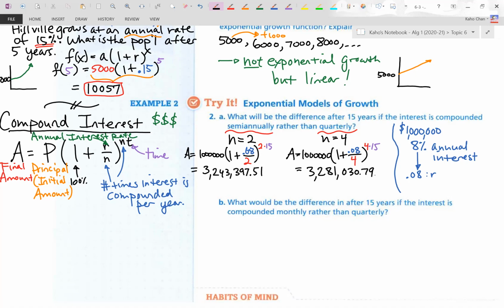All right. Second question, B: what would be the difference after 15 years if the interest rate is compounded monthly rather than quarterly? Okay, so they're just asking for one more calculation. We're going to change n equals 4 now to n equals 12. Is it going to be a lot more money?